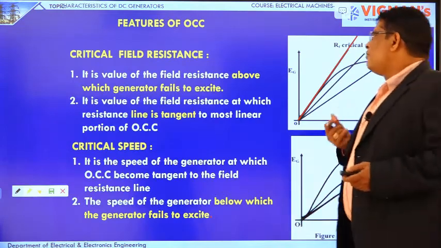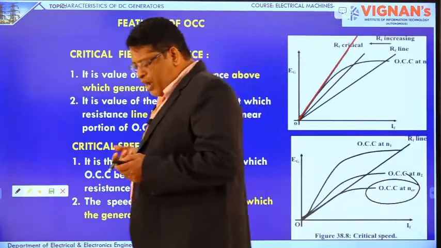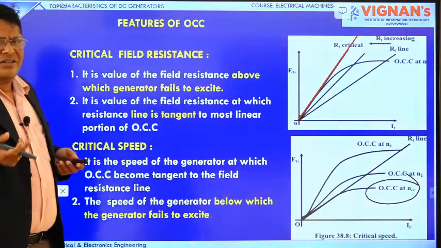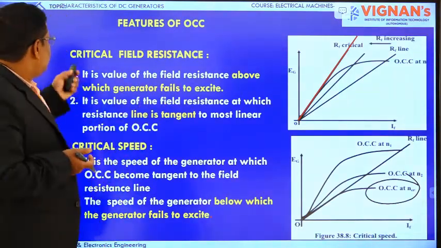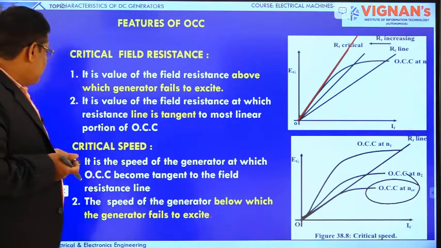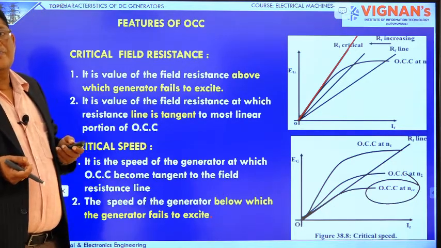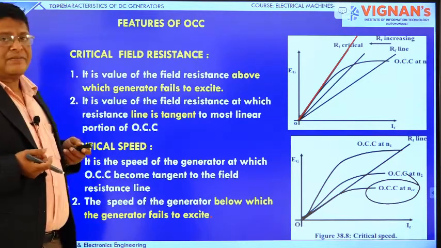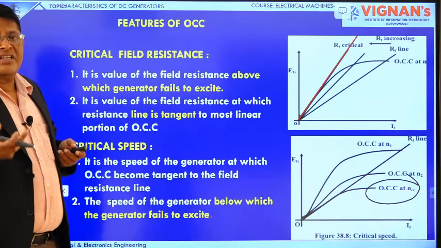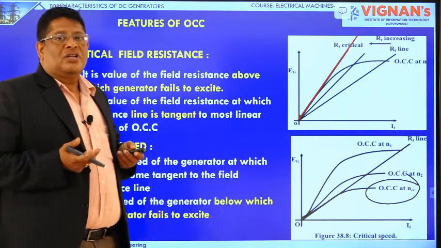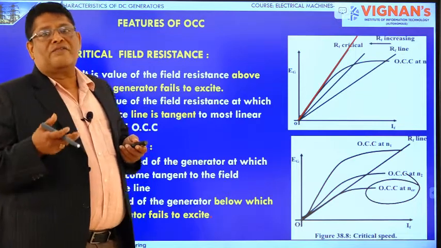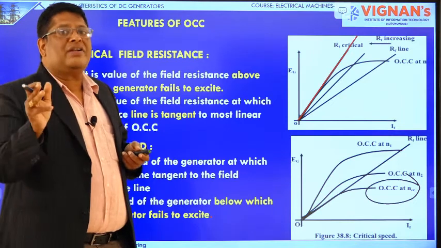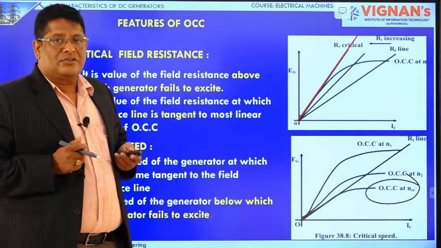These are the two important parameters that we have to calculate for the shunt generator. One is critical field resistance and the second one is the critical speed. Once again repeating the definition: the critical field resistance is the resistance above which the generator fails to build up the voltage at a given speed.